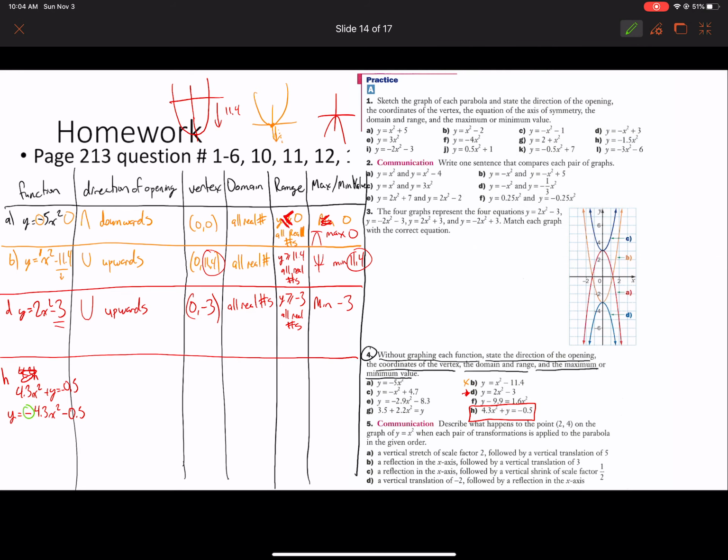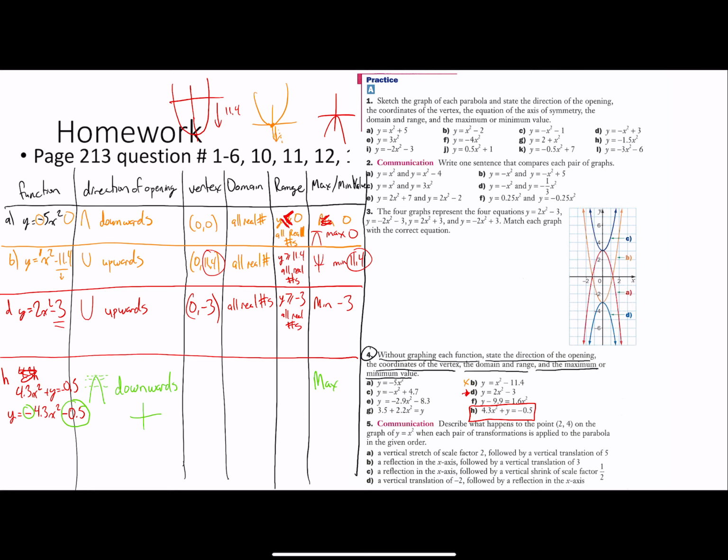This negative means it's upside down, so it opens downwards. Because numbers can keep going up until it has an upper limit, it has a max. And what its max is based on is this right here. It's being shifted down by half. Do you see that? So the base case is that, but it's being shifted down 0.5.